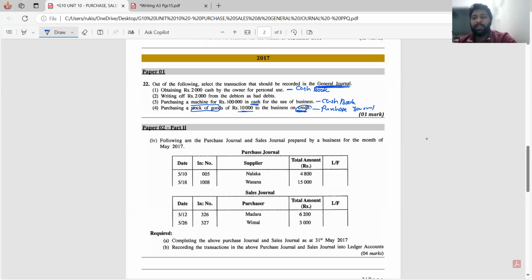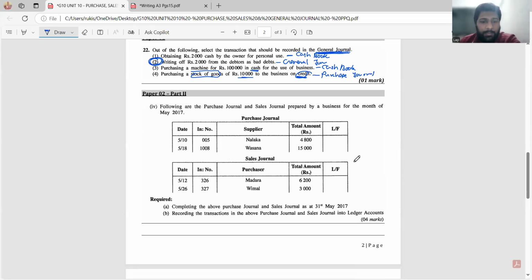So writing off bad debt itself is an adjusting entry. Adjusting entries will go to the general journal, because it's not cash receipt, not cash payment, not petty cash, not credit purchases, not credit sales. None of these. So the answer is the second one.